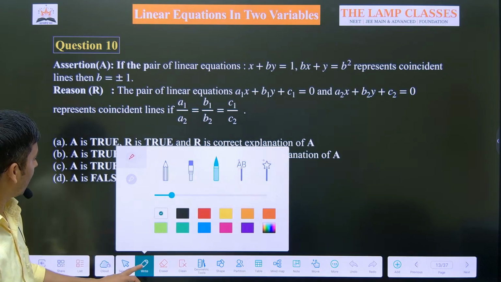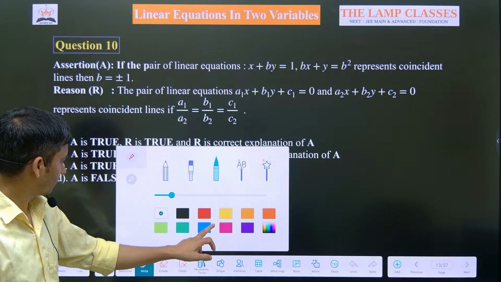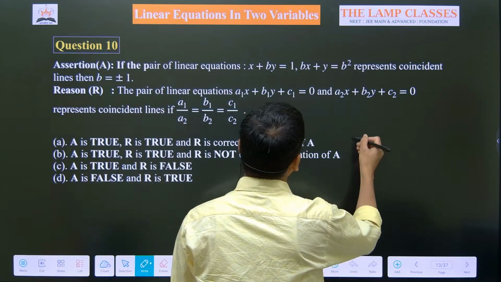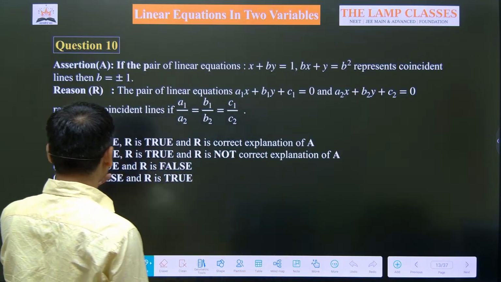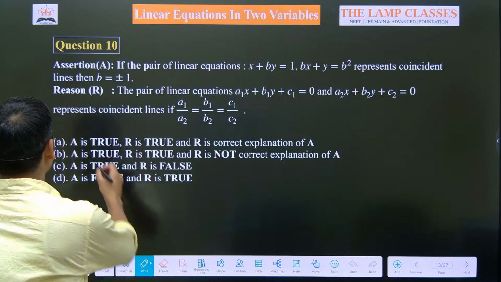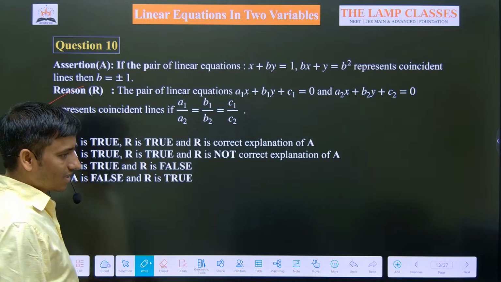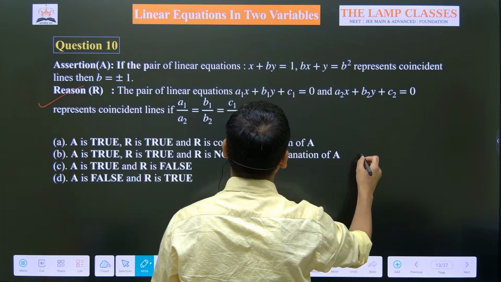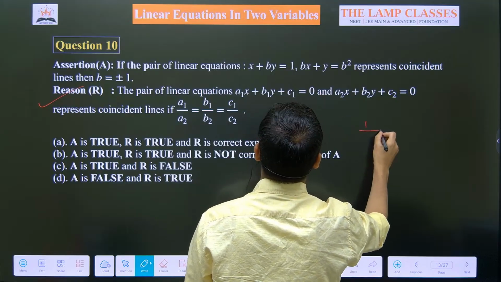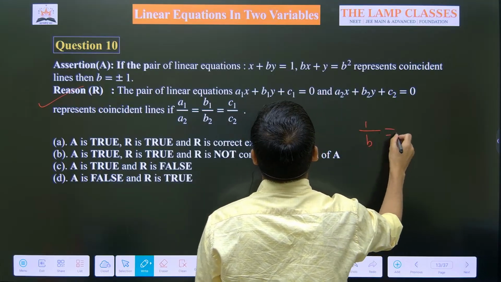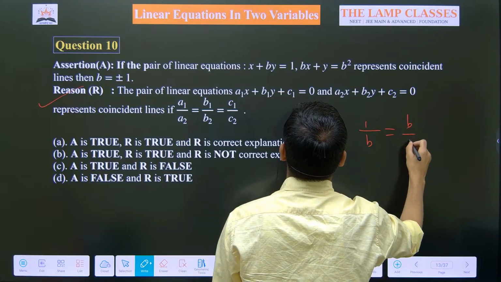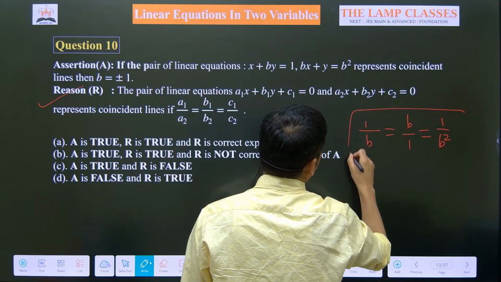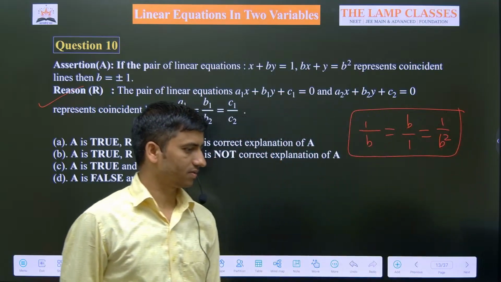Then what will be the value of B? Right? For coincident lines, the condition is A1 upon A2 is equal to B1 upon B2 equal to C1 upon C2. Yes. So the reason is obviously correct, na? It has actually given you the method to solve that. But let's see whether that is correct. So A1 is 1 upon B is equal to B upon 1 is equal to 1 upon B square, right? We have to find B which satisfies these equations.